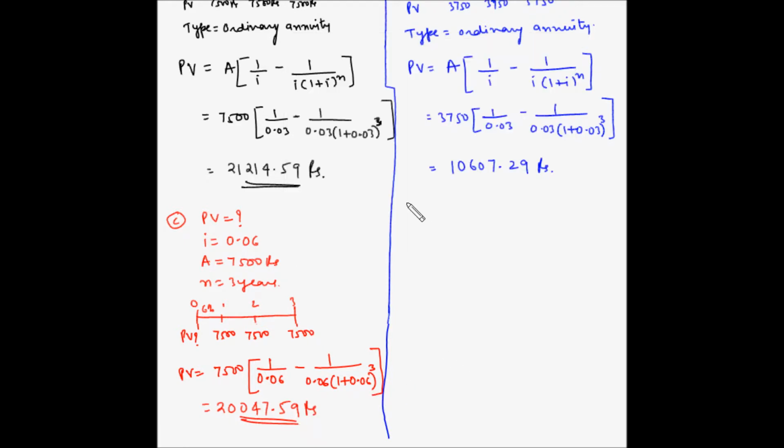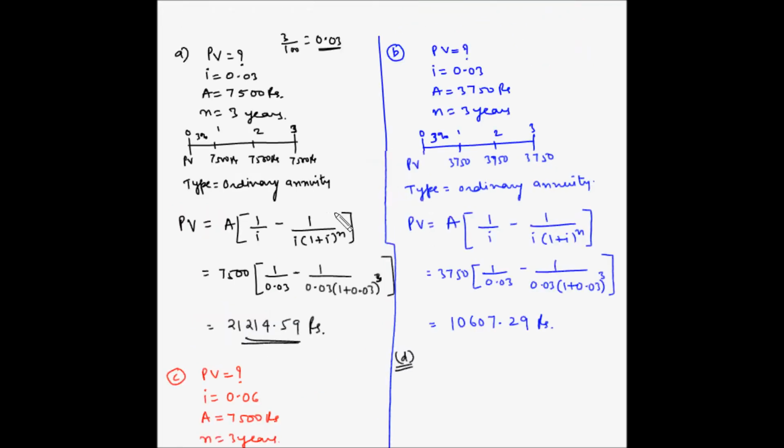Now let's move to part number D. So part number D says that what is the present value if the interest rate is 3%, the amount withdrawn is 7500 rupees, tenure is 3 years, but instead of withdrawing this amount at the end of each of the next 3 years, the amount is withdrawn at the beginning of each of the next 3 years.